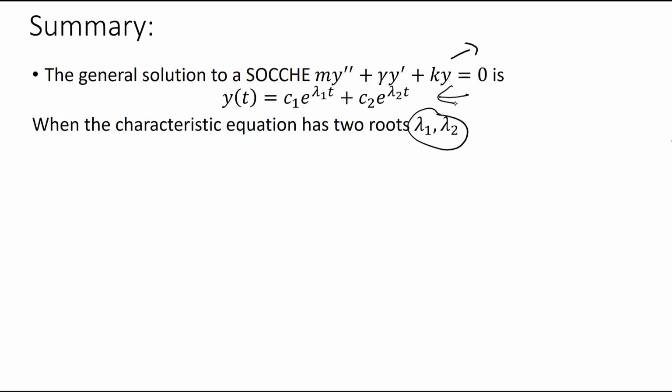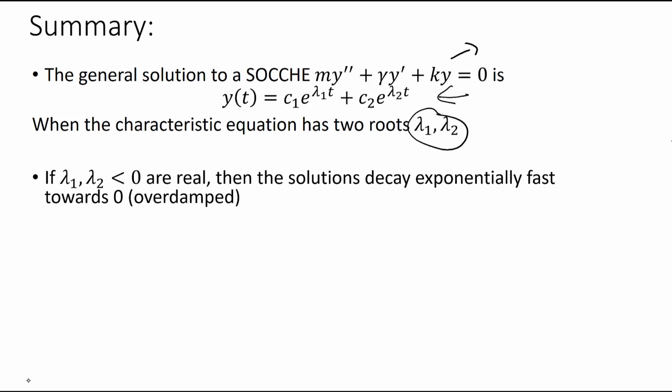If it does not have two roots, if we're in that critically damped case, then we also saw what the solution looks like, but we're not going to get into that in this video. The first situation we saw was that when lambda 1 and lambda 2 were both real and less than 0, then all of our solutions just decay exponentially fast towards 0, and that represents the overdamped scenario. There's so much damping in our system that even the car, the mass, whatever it is, can't even get going past its equilibrium.